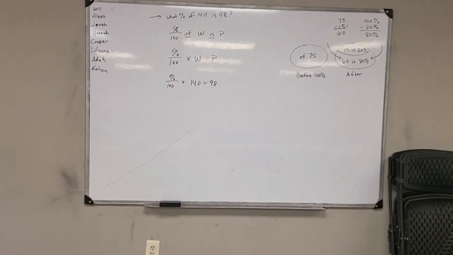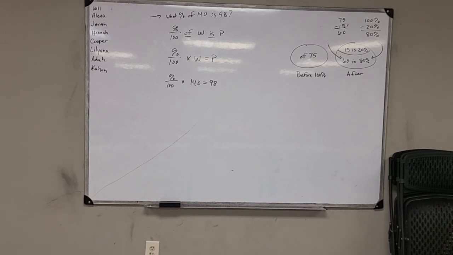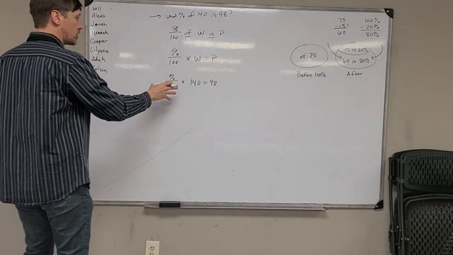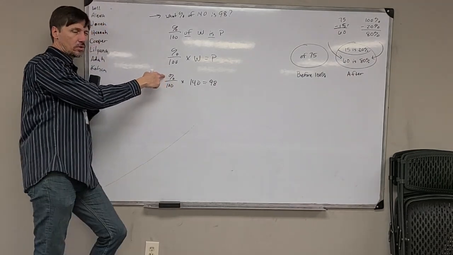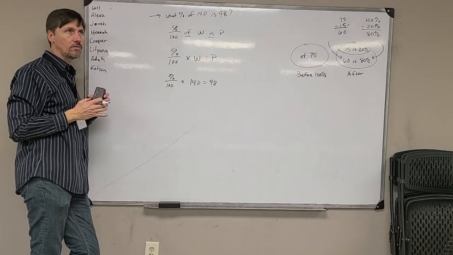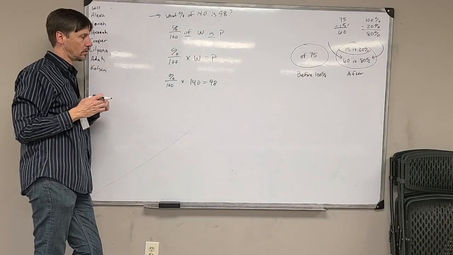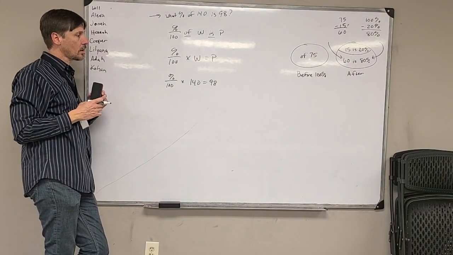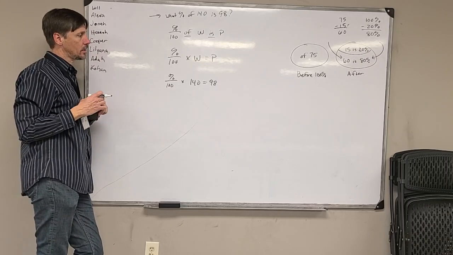Everybody see that? See how clear the language is once you recognize that the is represents the equal and the of represents the times. So now this is the formula that we're trying to figure out, and the percent symbol in this one is functioning as our variable. All right? So how am I going to simplify this guy?